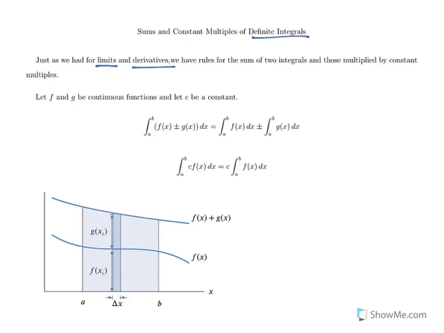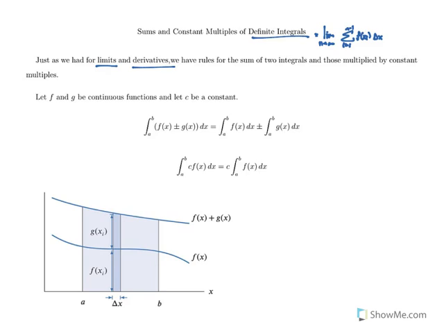A definite integral is defined to be the limit as n goes to infinity of a Riemann sum. So everything that happens with limits should also be true for integrals to some capacity, at least for these two rules. It's not really the same for multiplication, but it's the same for addition and constant multiplication.